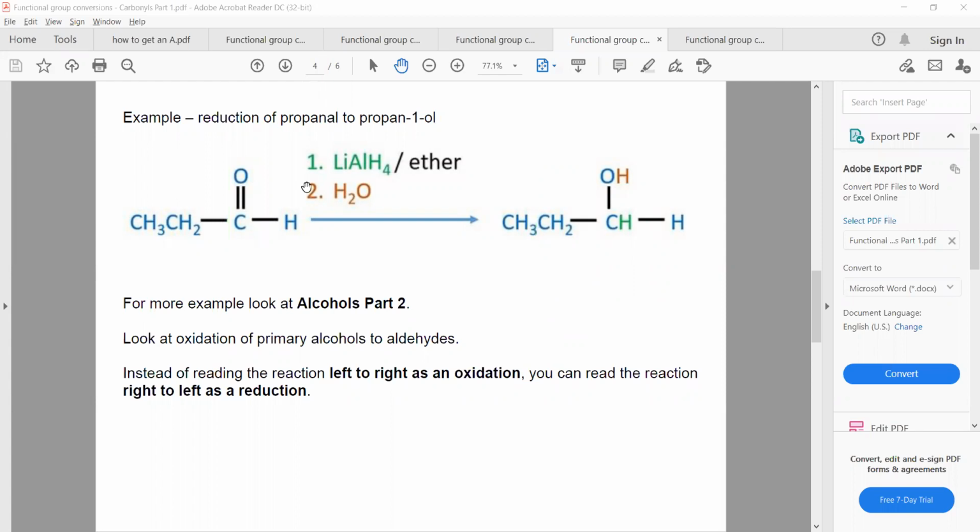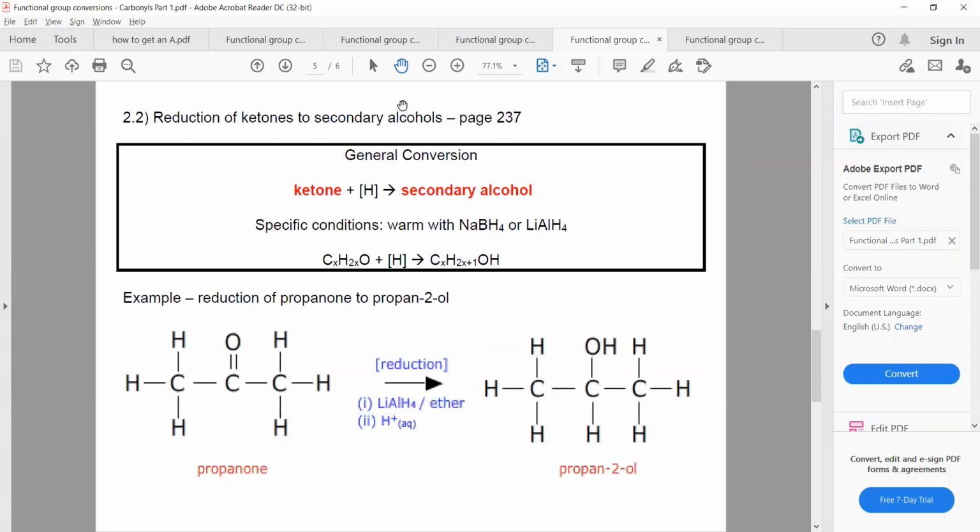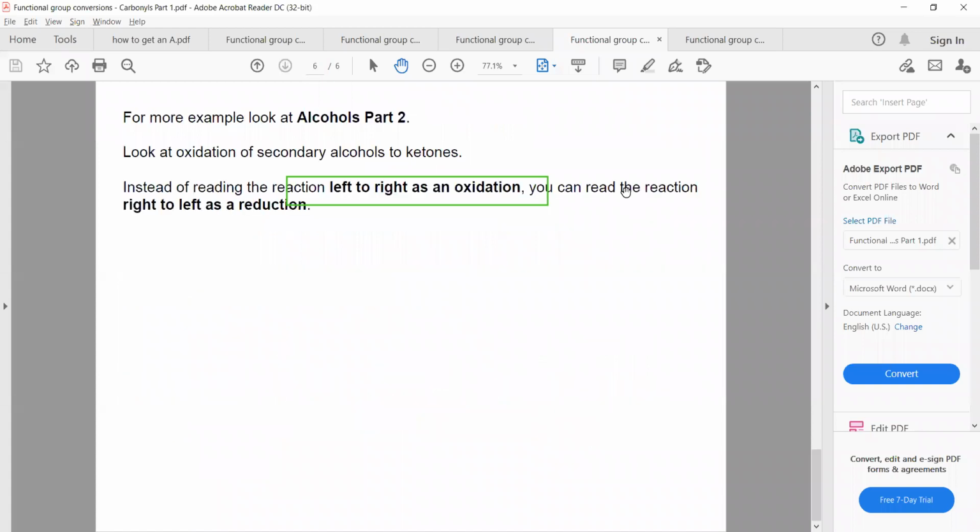Cool. So you only get the secondary alcohols if you start with a ketone. And that's why the general conversion is when you have a ketone, you're going to get a secondary alcohol. Cool. And then basically I say the same thing again. Look to alcohols part 2, and then just read the reactions in reverse.